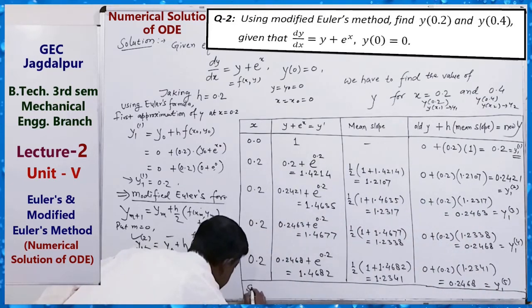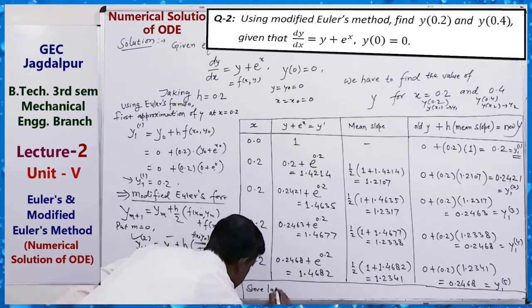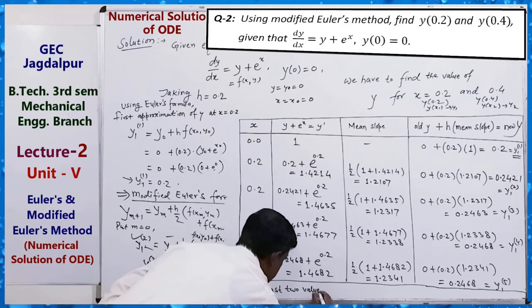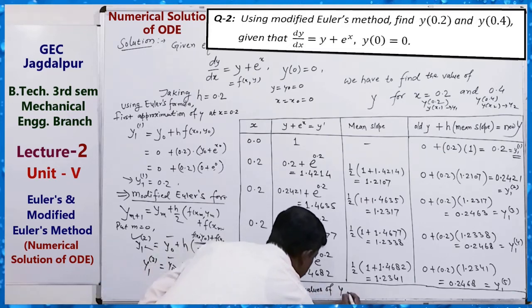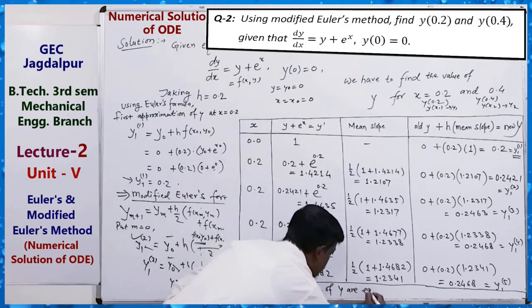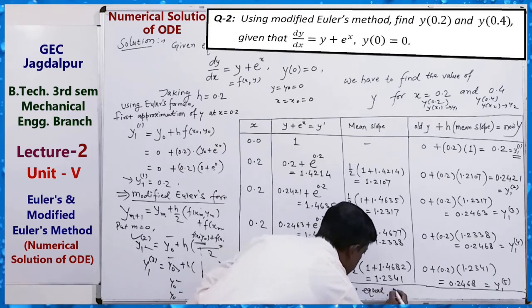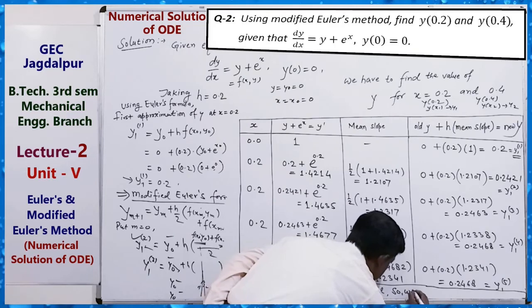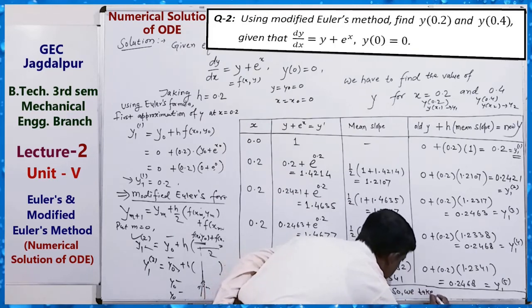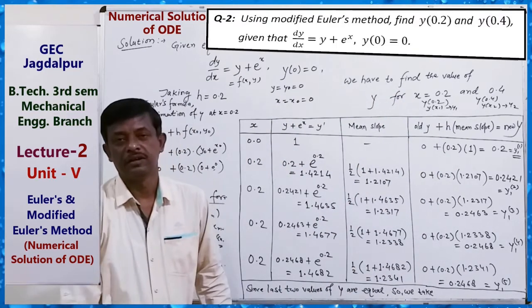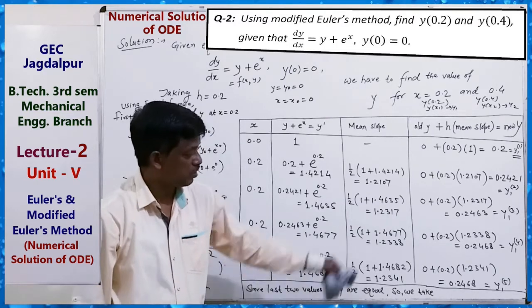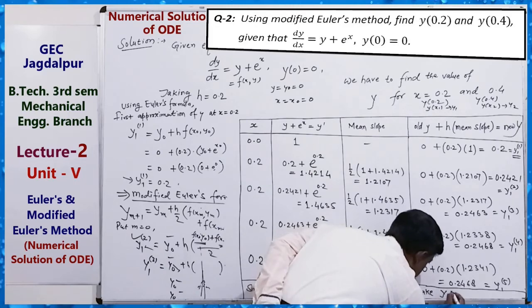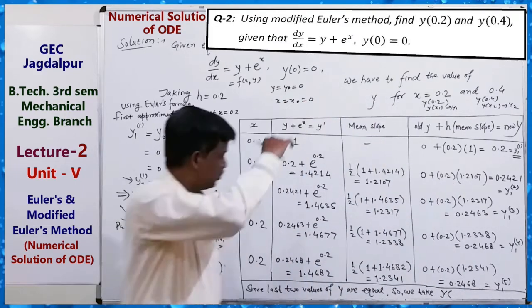Okay. Since the last two values of y are equal, so we take this value as the approximation for y1. That is, y1 means what? y at x1, means 0.2.